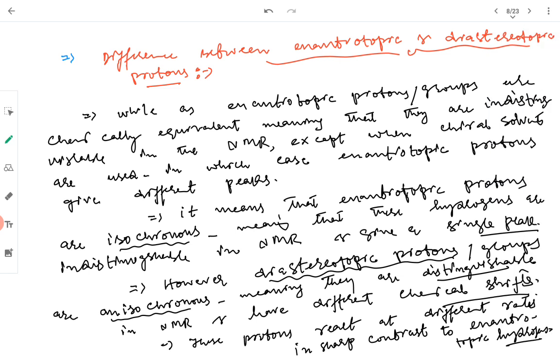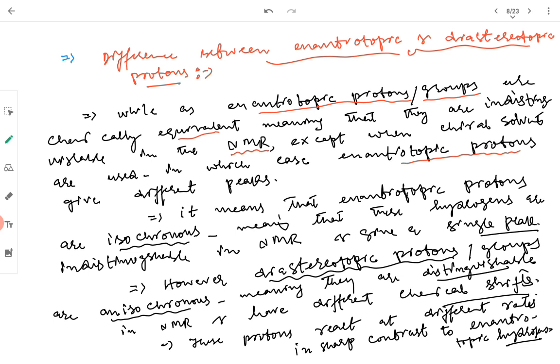Now, the difference between enantiotopic and diastereotopic protons can be seen using NMR. Enantiotopic protons or groups are chemically equivalent, meaning that they are indistinguishable in an NMR experiment, except when chiral solvents are used, in which case enantiotopic protons give different peaks.